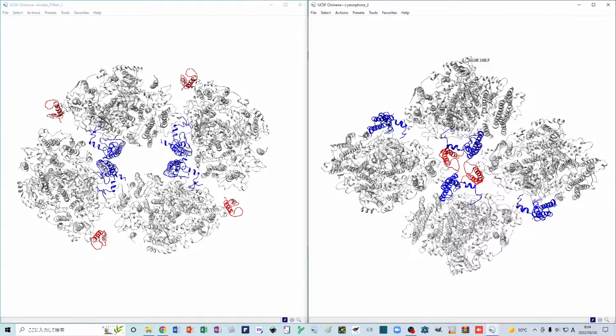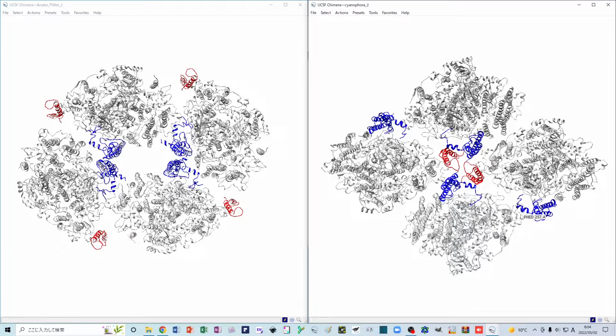Another interesting point is the lack of two PsaK subunits in the Cyanophora PS1 tetramer. This PS1 monomeric unit does not have a PsaK subunit at the corresponding position, and this PS1 monomer also does not have a PsaK subunit at the corresponding position.